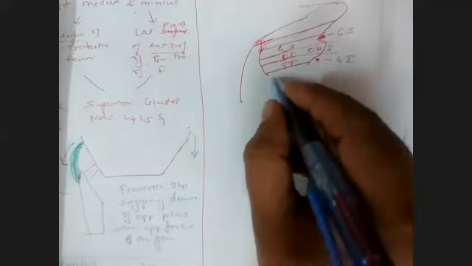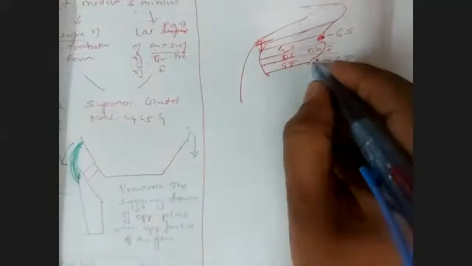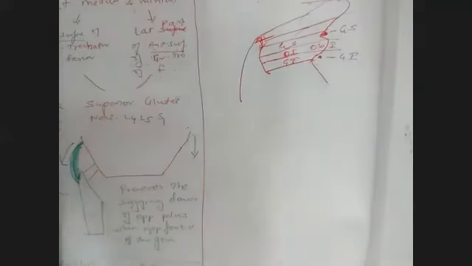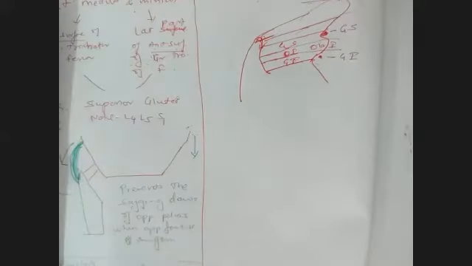Below that is the origin of quadratus femoris. The origin of the quadratus femoris is from the upper part and outer border of the ischial tuberosity.